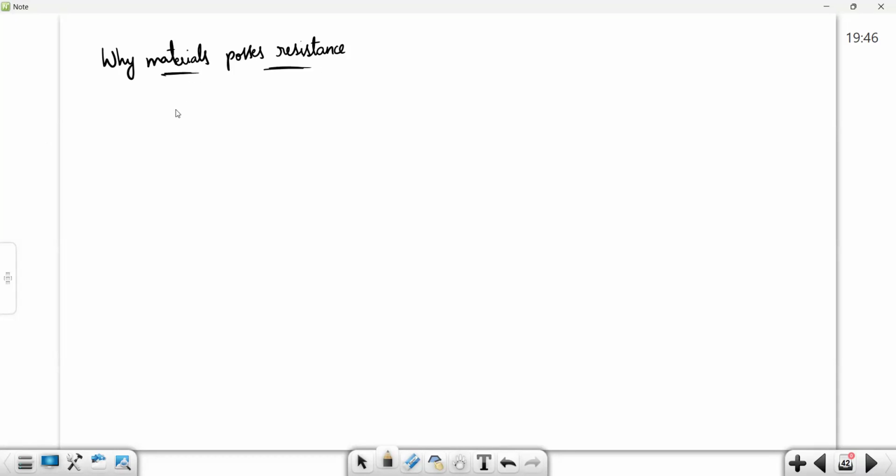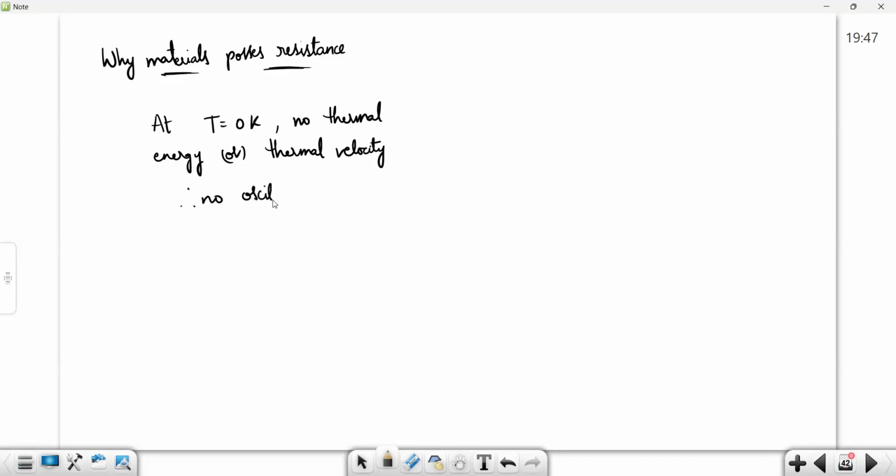One important point is at T equal to 0 Kelvin. No thermal energy, no thermal velocity. If no thermal energy, therefore no oscillations will be there.